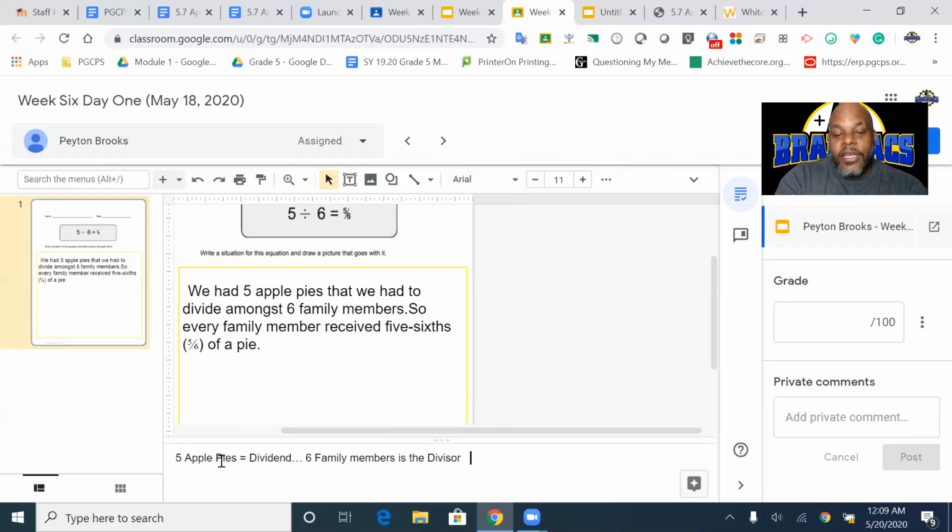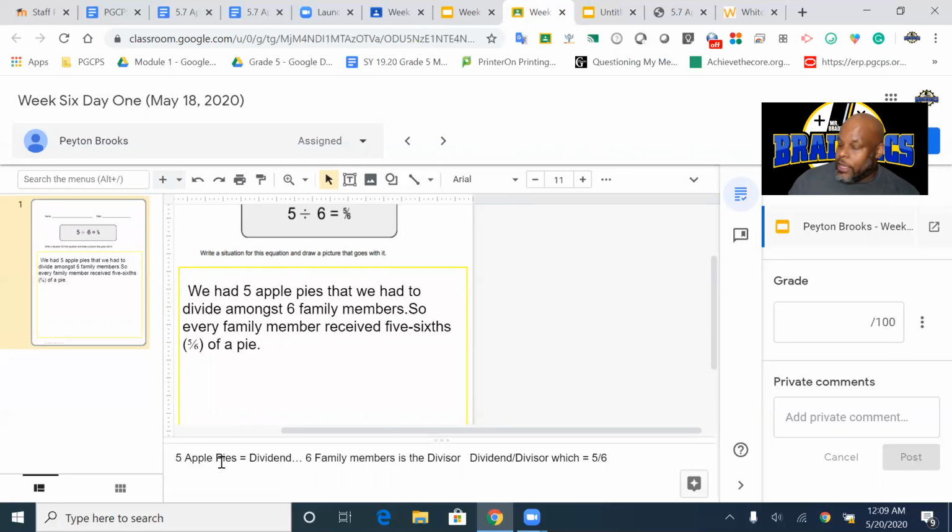Remember, we said that when you're writing it as a fraction, it's dividend over divisor, which equals 5/6. Such a great job. So I want you to take some time and reevaluate your work before you turn it in on Friday to make sure it is equal or equivalent or makes sense and can easily be explained, just as this example.